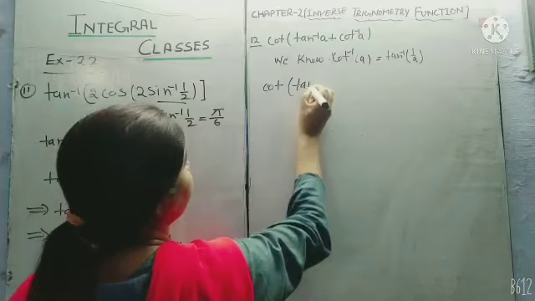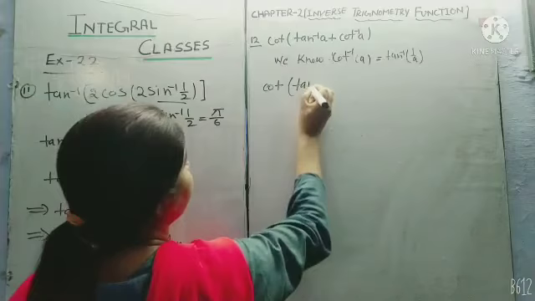Then in the next step, tan inverse 2 cos, the 2 will be cancelled, 3 times cos pi by 3. Now cos pi by 3 means cos 60, and the value of cos 60 is sin 30.